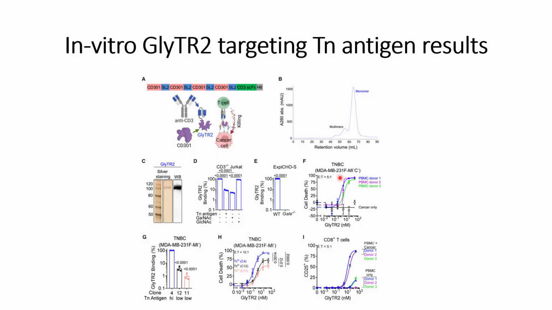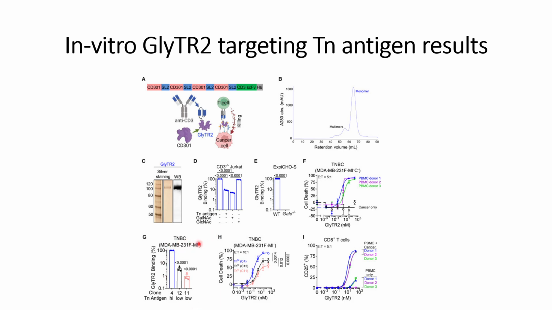When they combined all these three things, they were able to see dose-dependent cell death with increasing GlyTR2 concentrations. In this case also they checked the specificity by adding soluble TN antigen. When they increased the soluble TN antigen concentration, they saw a decrease in GlyTR2 binding to this modified TNBC.